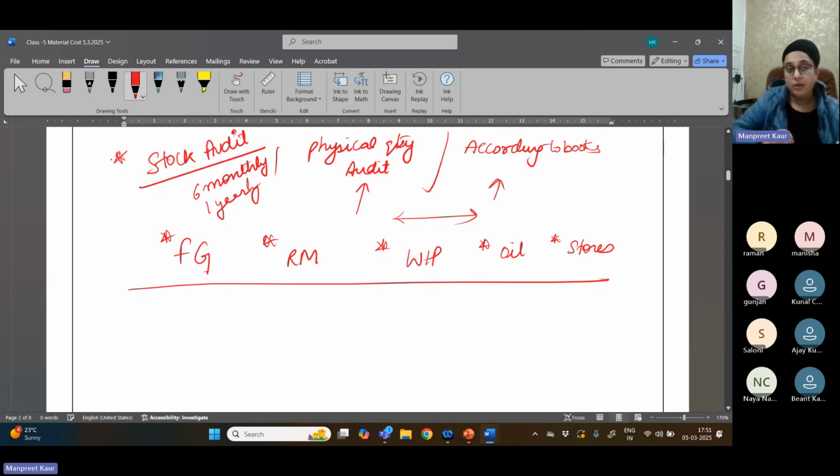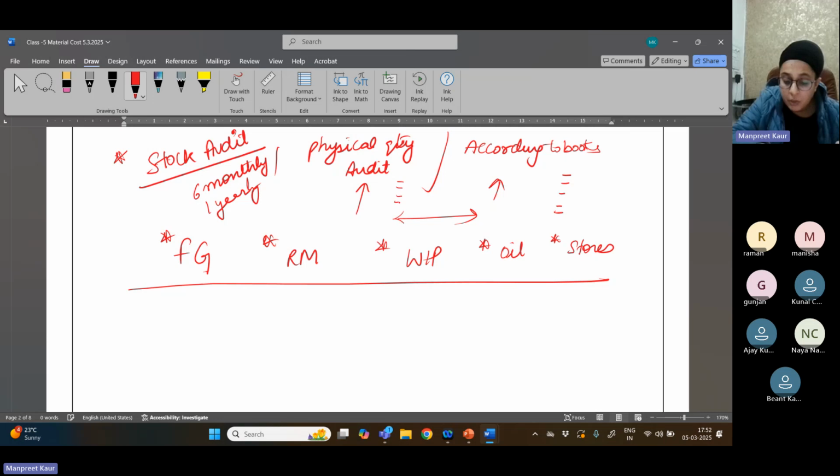ਜਦ ਤੁਸੀਂ ਇੰਟਰ ਕਲੀਅਰ ਕਰੋਗੇ, ਤੁਸੀਂ ਵੀ as a cost accountant, as a trainee, stock audit ਕਰੋਗੇ. ਉਹਦੇ ਵਿੱਚ ਤੁਹਾਨੂੰ ਪਤਾ ਲੱਗੇਗਾ ਕਿ ਮੇਰੀ ਬੁੱਕਸ ਵਿੱਚ ਇੰਨੀ ਕੁਆਂਟੀਟੀ ਆ ਰਹੀ ਹੈ, एक्चुअल विच इन्नी क्वांटिटी है. 100 क्वांटिटी बुक्स विच है, suppose तुहानू 98 फिजिकल मिली, ते 2 क्वांटिटी किथे गई?